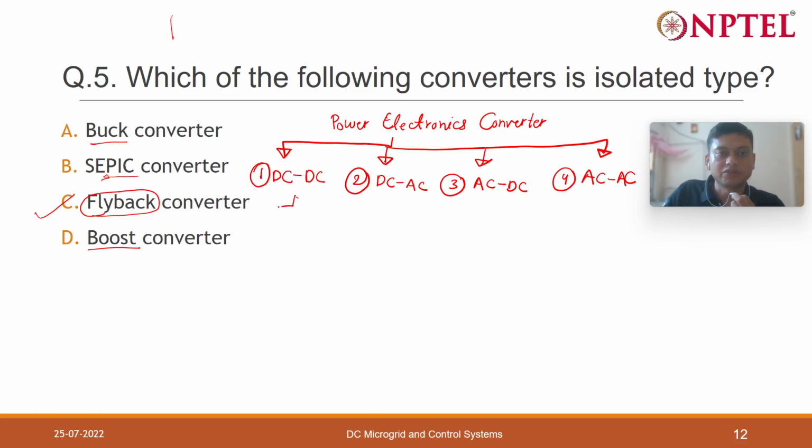Here the question basically asked about the isolated and non-isolated part, so we can divide the DC-DC converter further into isolated and non-isolated type. Isolated, second one is non-isolated.